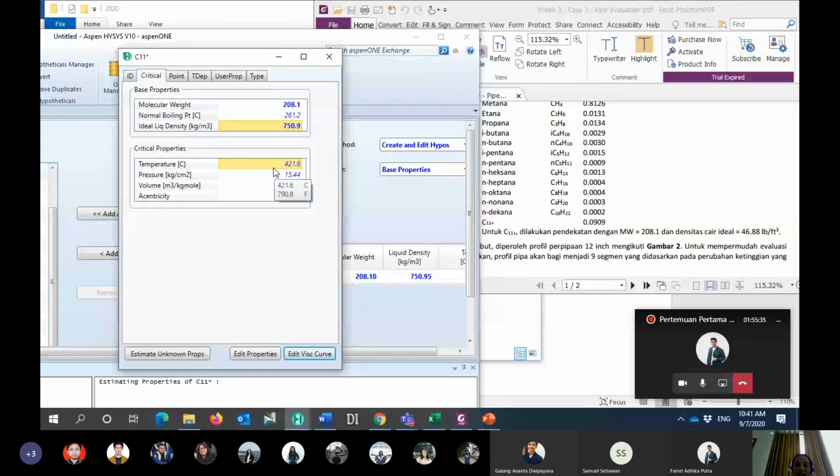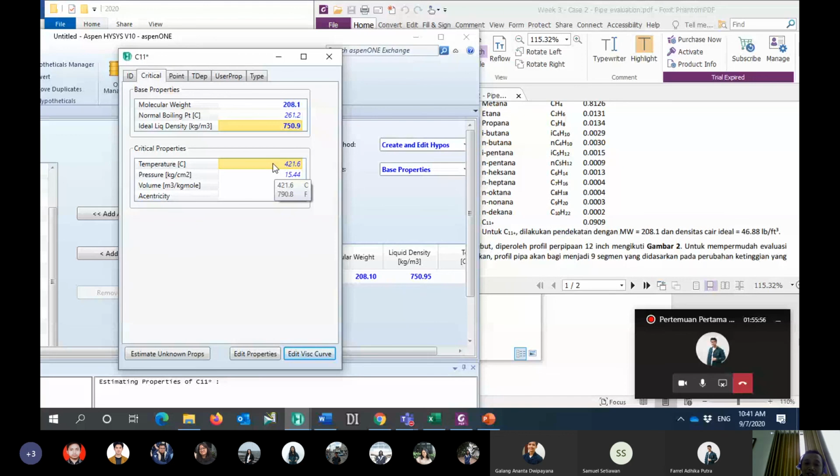If you have many parameters of the hypothetical that you put in the simulation, the hypothetical component that you simulate will be close enough to the hypothetical component that you have in the field.